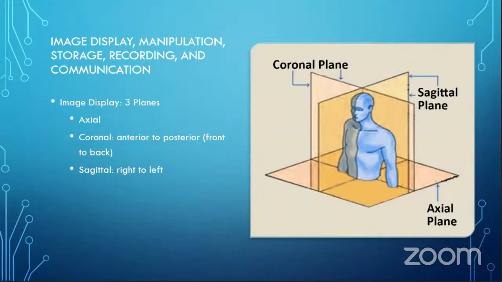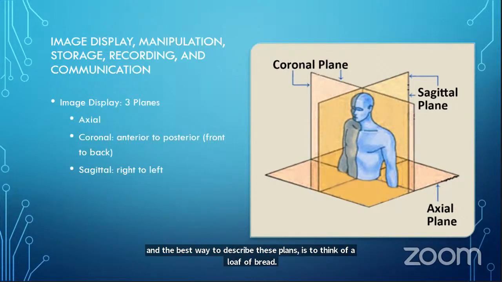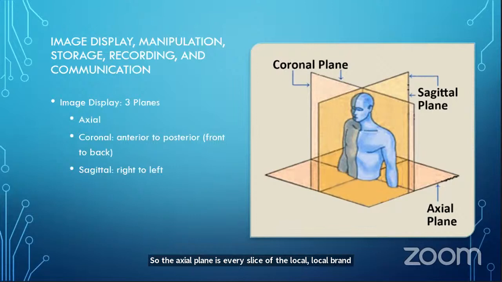When we display the images, we do it in 3 different planes. We do an axial, a coronal, and a sagittal plane. And the best way to describe these planes is to think of a loaf of bread. So the axial plane is every slice of the loaf of bread. If you stand the loaf of bread up and you do a front to back, that's the coronal plane.